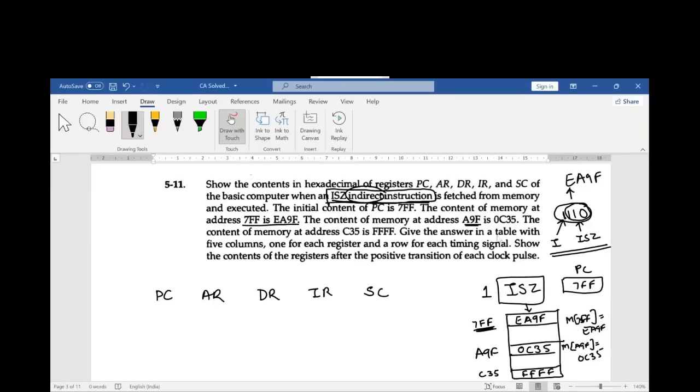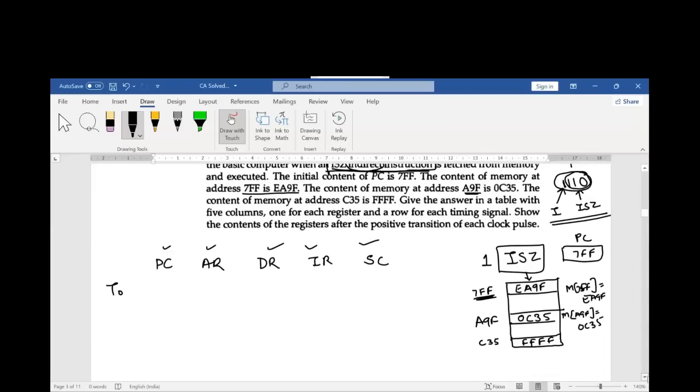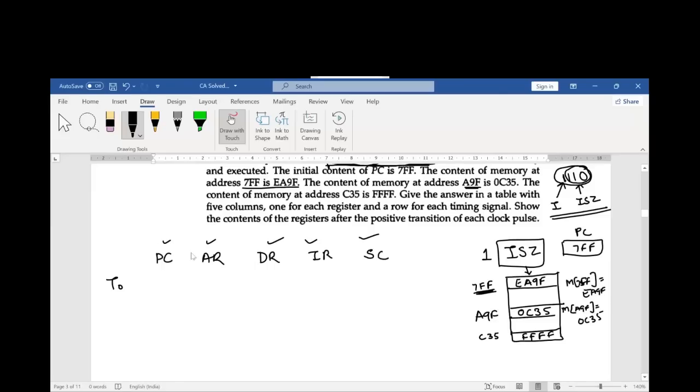Give the answer in a table with 5 columns. So we have prepared the table: 1, 2, 3, 4 and 5, one column for each register and a row for each timing signal. We know that the timing signals always start with T0. You are asked to show what happens during each and every clock pulse, and show the contents of the registers after the positive transition of each clock pulse.